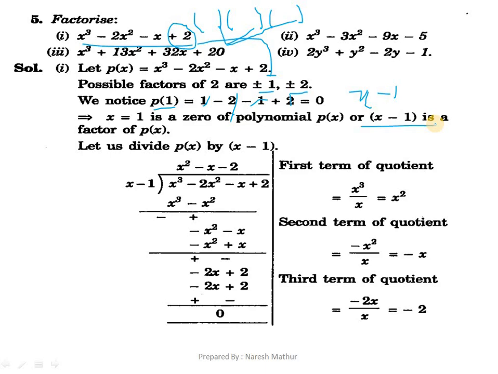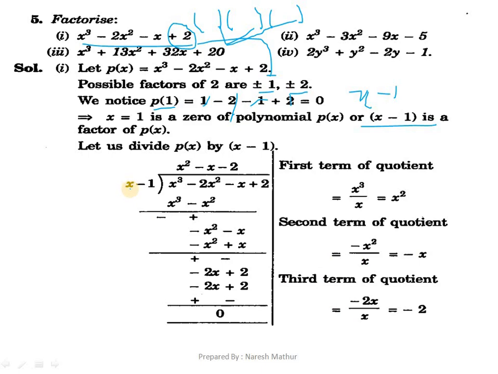So now what we are going to do, taking help of long division, is divide this whole polynomial by x minus 1. Let's see the long division. I hope you are quite familiar with the long division, but if you are not, let's just see.